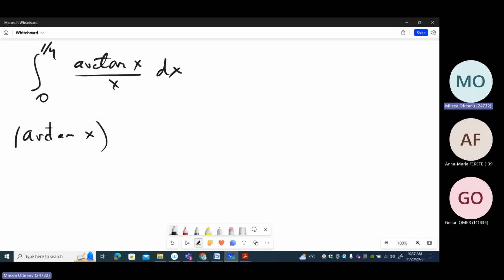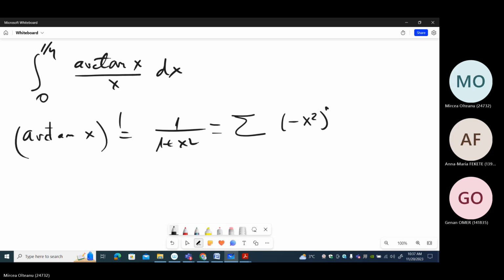The derivative of the arctangent is 1 over 1 plus x squared. Now, here we must recognize the geometric series with ratio minus x squared, yes? Or if not, use the binomial function, but yes, I write this formula.